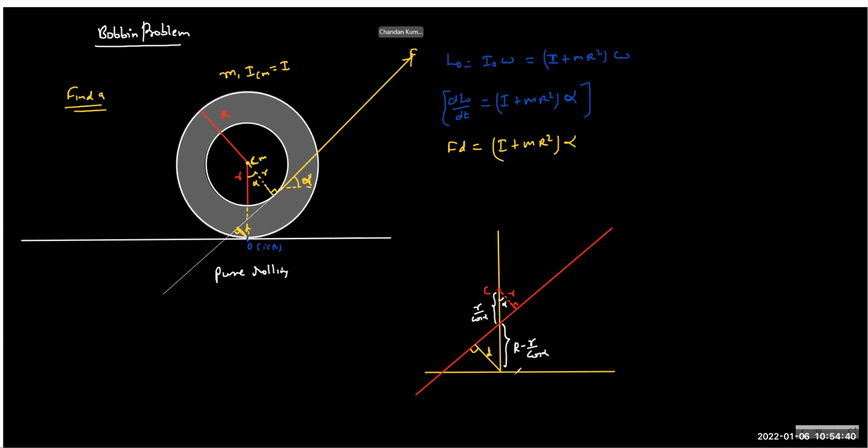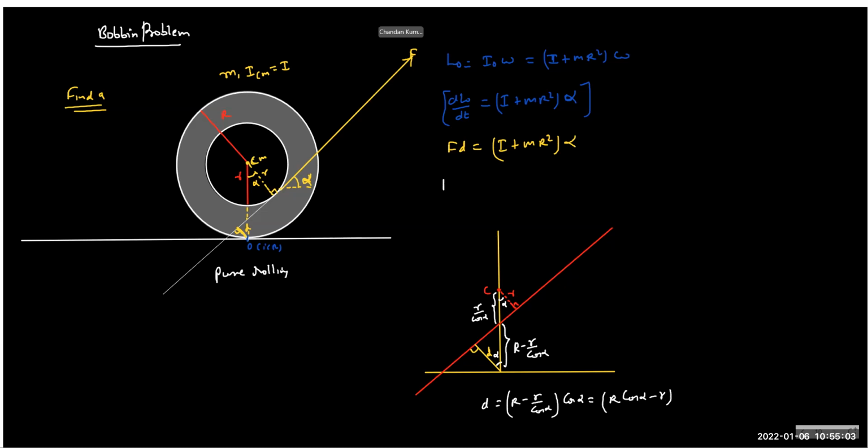Because the full value is R, and that is alpha, this is also alpha. Now we are finding D. So D is nothing but, and so the answer is R cos alpha minus R.